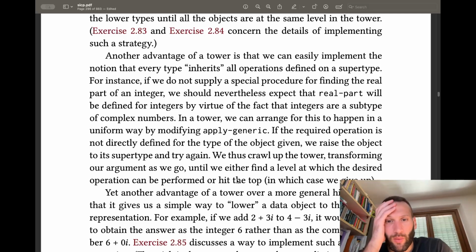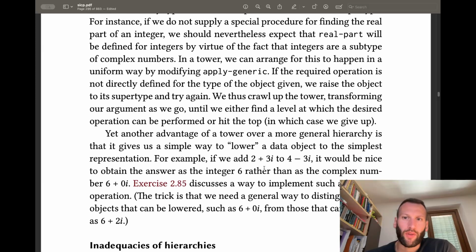In a tower, we can arrange for this to happen in a uniform way by modifying apply generic. If the required operation is not directly defined for the type of the object given, we raise the object to its supertype and try again. We thus crawl up the tower, transforming our argument as we go, until we either find a level at which the desired operation can be performed or hit the top, in which case we give up.